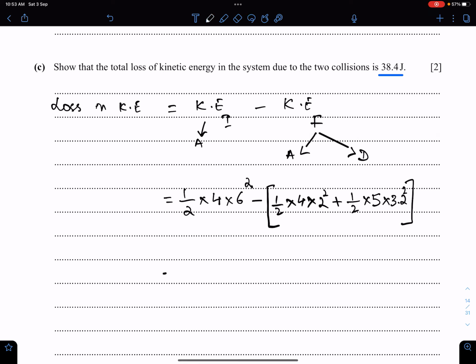When you simplify this, you'll get 38.4 joules. And this is what we had to show.